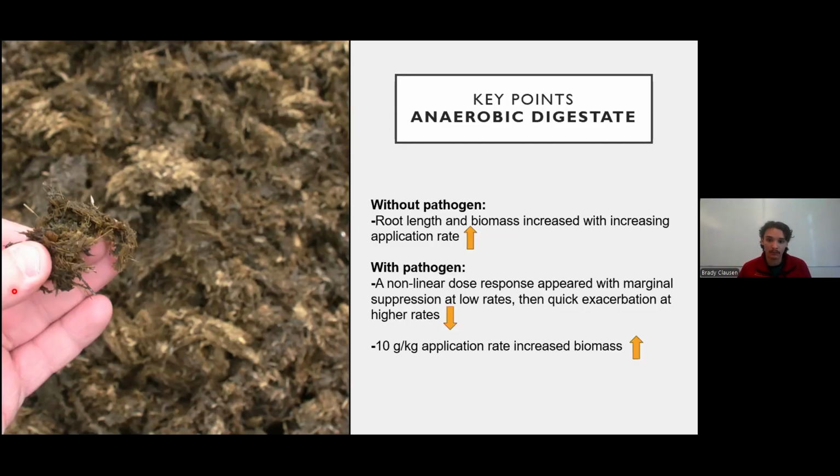What I mean by that is that the 10 gram per kilogram application decreased the root rot just numerically by a few percentage points, but wasn't statistically different from the control. And then from there, disease severity started to be exacerbated at those higher rates. And that same 10 gram per kilogram application that just marginally decreased root rot had a significant increase in biomass.